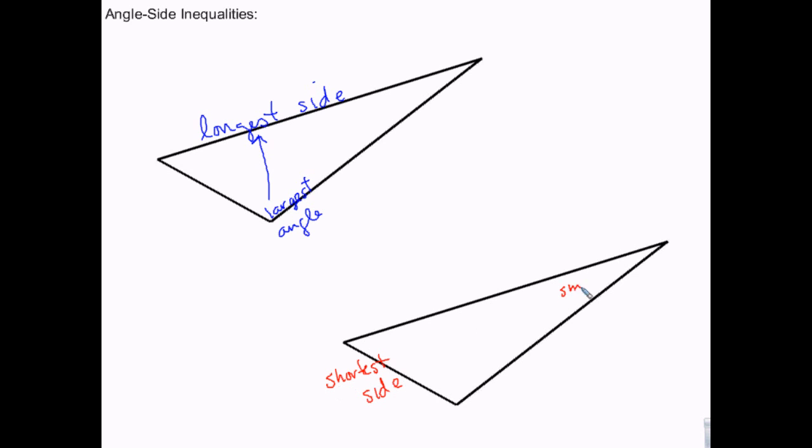And here is the smallest angle. And they're across from each other. That makes this side over here the medium side. It would be across from the medium angle. So we can tell which sides are biggest and which angles are biggest based on each other.